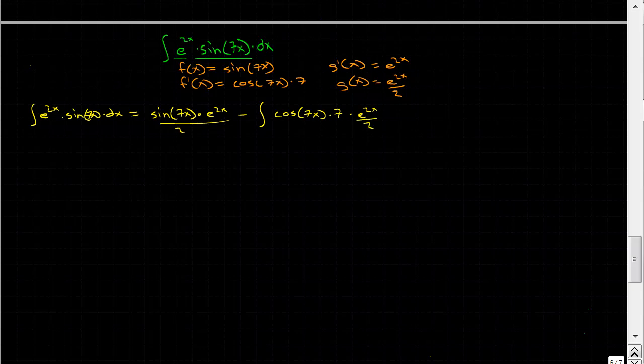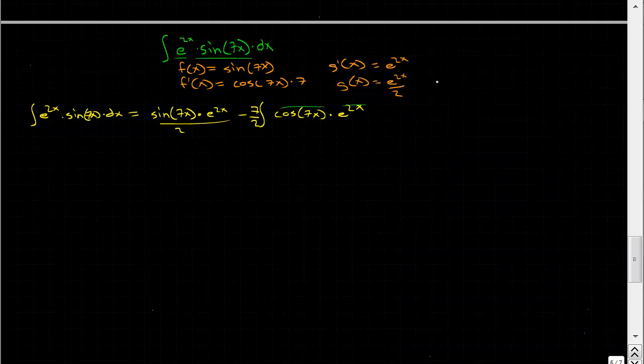We can factor out these constants, 7 divided by 2, times e to the 2x. Now it doesn't appear that we're any closer than where we started, so we can integrate by parts again. We need our new f of x and our new g of x.